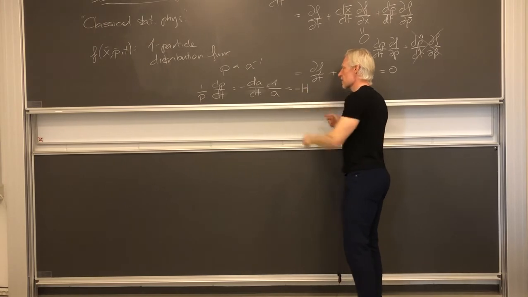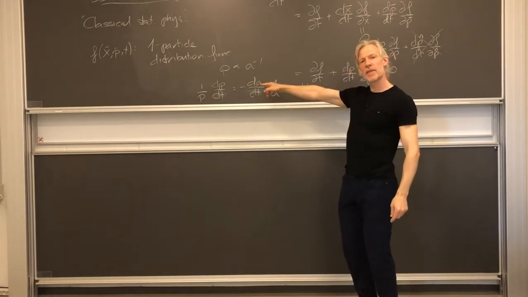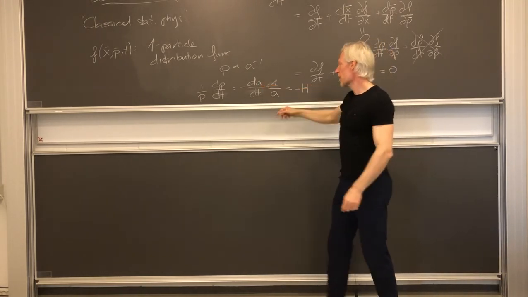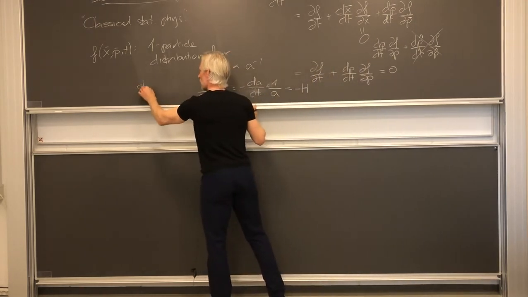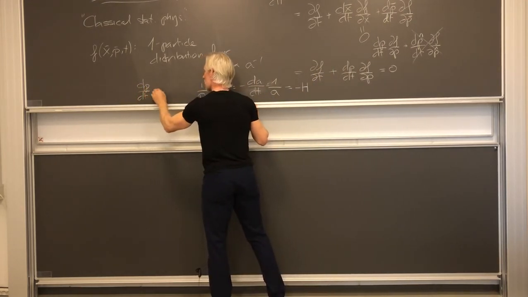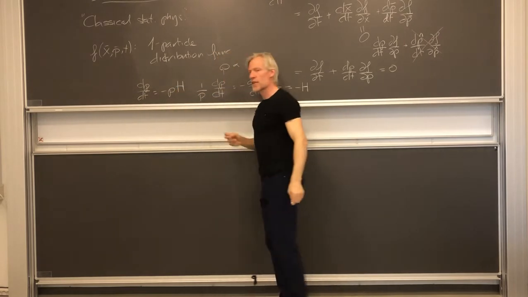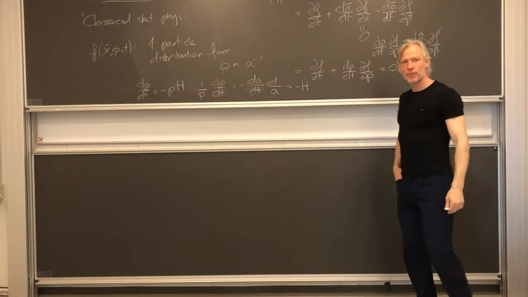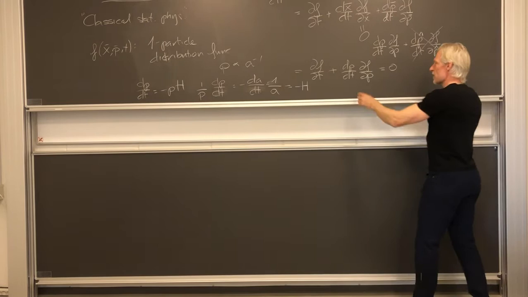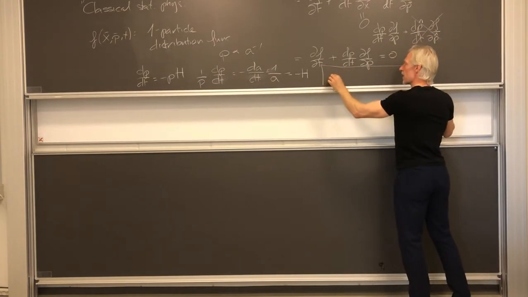So this just says minus capital H. And that means the time derivative of momentum we can write as momentum times the Hubble parameter, nothing more. And that means the final equation that we're left with is this one.